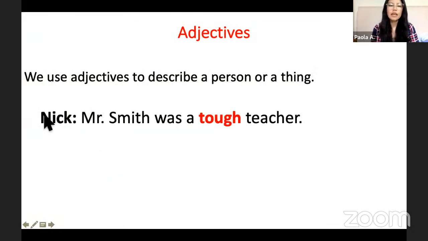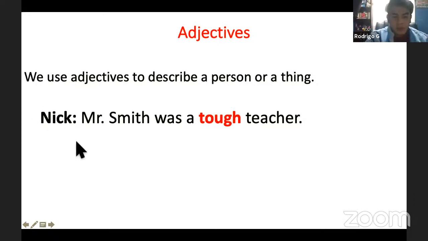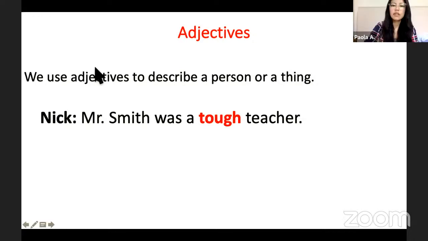So many of these words help us to describe either a person or a thing. So let's see, could you read this example, please, Rodrigo? Mr. Smith was a tall teacher. Okay, tough. Let me write it on the chat. Tough. Now remember, the T is strong.